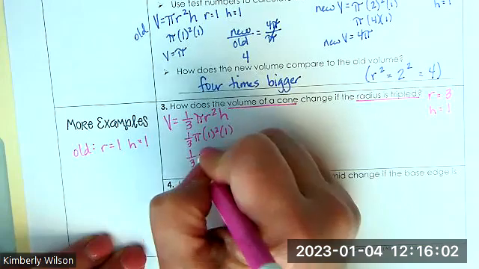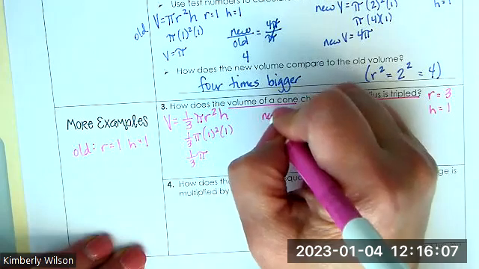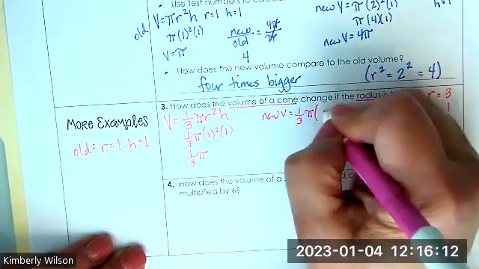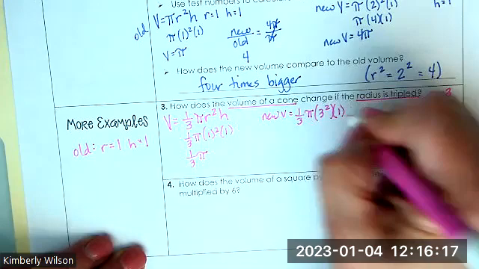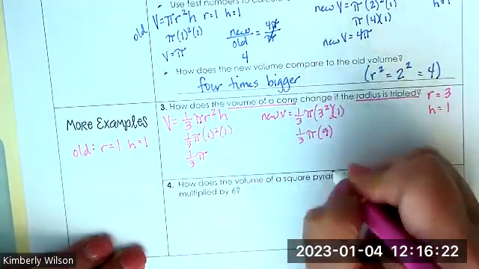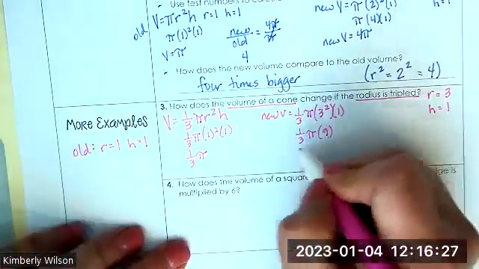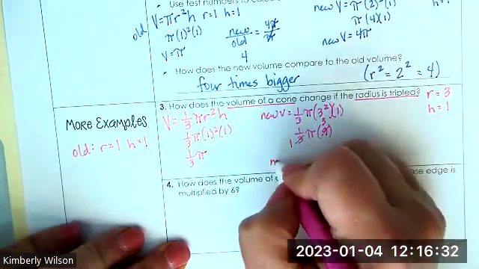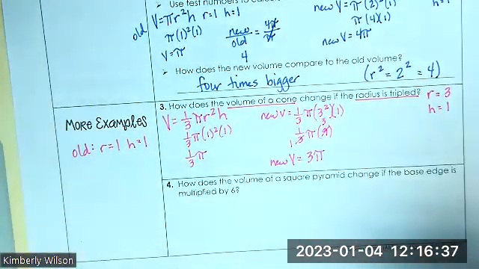So that's 1/3 pi. For the new volume, it's 1/3 pi times 3 squared times 1. So that's 1/3 pi times 9, which then means this 3 becomes a 1, this 9 becomes a 3. So therefore, the new volume is 3 pi.